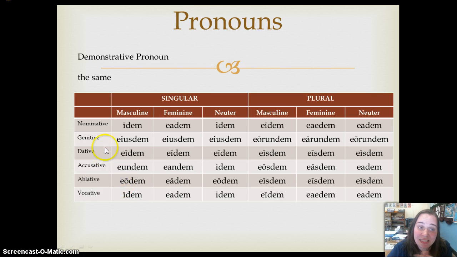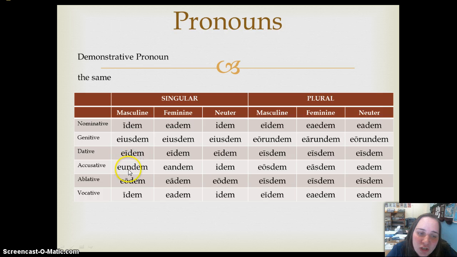Now this is a demonstrative adjective, idem, eadem, idem, meaning the same. This follows the same declension as is, ea, id, with some very obvious distinctions, as you can see. Isdem becomes eidem, and that's an important macron because this will mean the same man, whereas idem will mean the same thing.